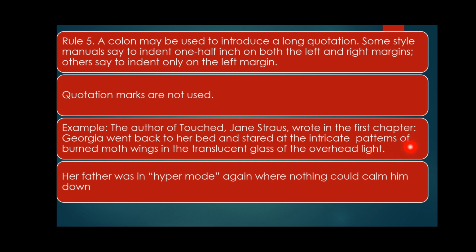You can see here that a colon is used, and we do not use quotation marks here. Then, her father was in a hyper mood, again where nothing could calm him down. So that is a long quotation, right? That's why a colon is used, but no quotation marks are used.